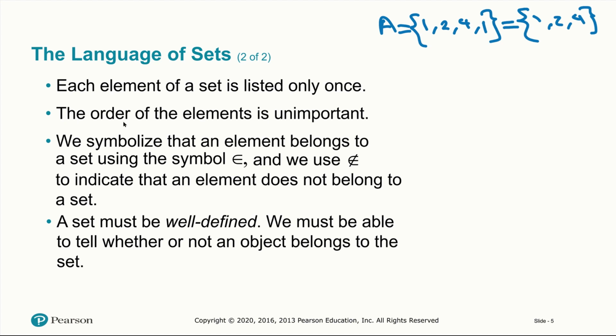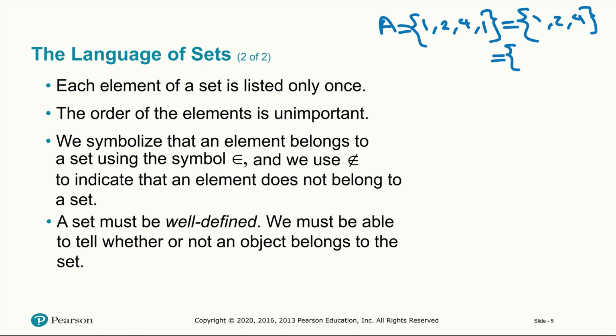The second thing to pay attention to is that the order of elements is unimportant. Remember, you're putting some groceries in a bag, for instance. Does it matter which one falls where in the bag? No, the order doesn't matter, but you know exactly what the contents of the bag are, and that's what's important. So this set that we have here, 1, 2, 4, I could have easily written in any order.